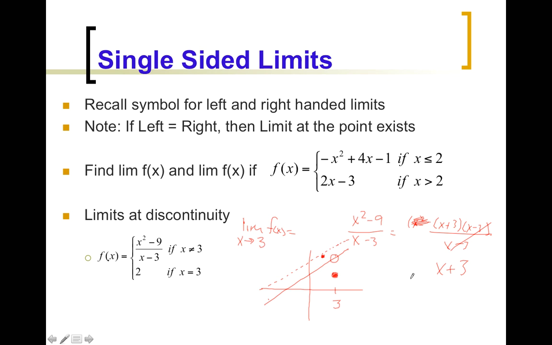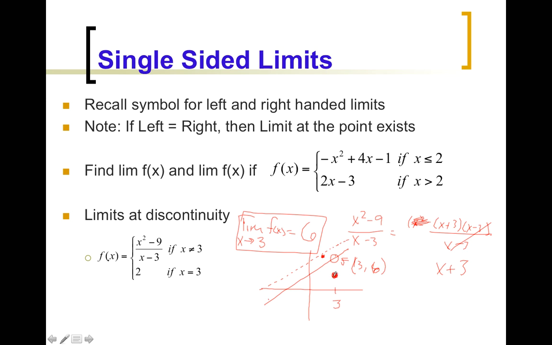So I can plug in x equals 3 to figure out what that y value is getting really, really close to. And if I plugged in 3 here, I get 3 plus 3 is 6. That means this open dot is at the point (3, 6). And that is the limit. The limit is 6. The function is approaching 6 as x approaches 3.